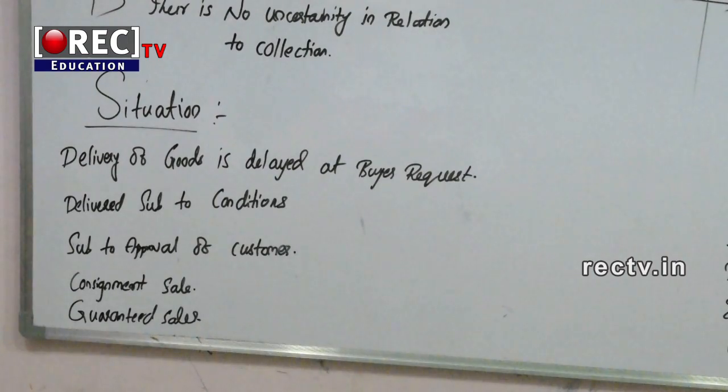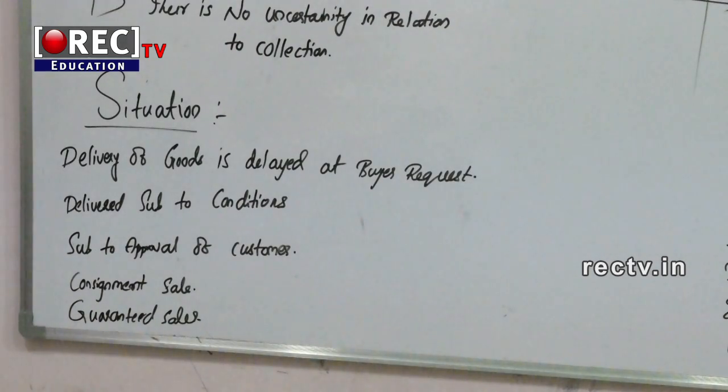And now, delivery subject to the approval of the customer. In this situation, revenue should be recognized only when goods are formally accepted by the buyer or the time period allowed has elapsed.